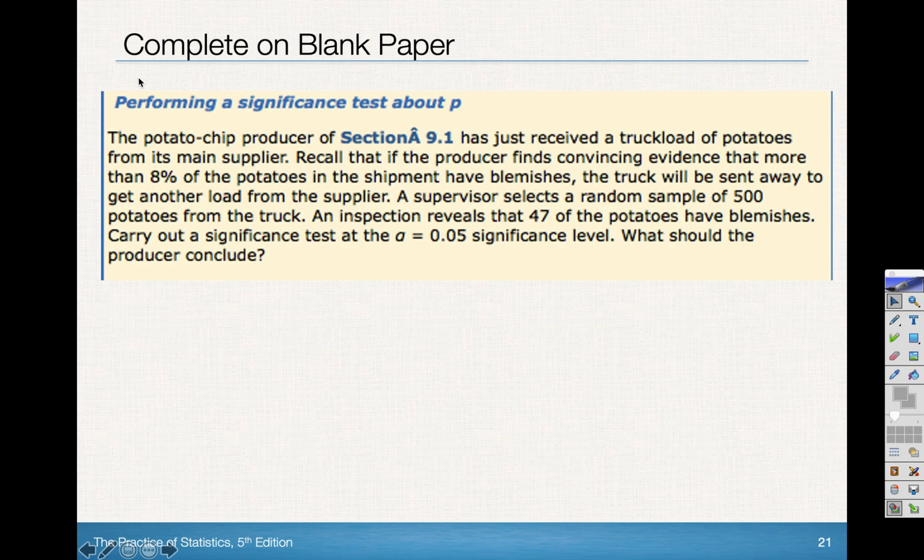The way they're going to do that is they're going to take a simple random sample of 500 potatoes from the truck, and when they did that, it revealed that 47 of the 500 had blemishes. We're going to carry out a significance test at an alpha level of 0.05 to decide whether we should accept the truck or reject the truck.